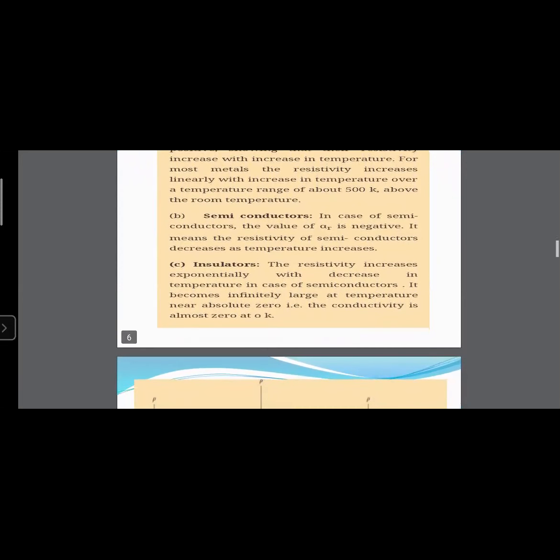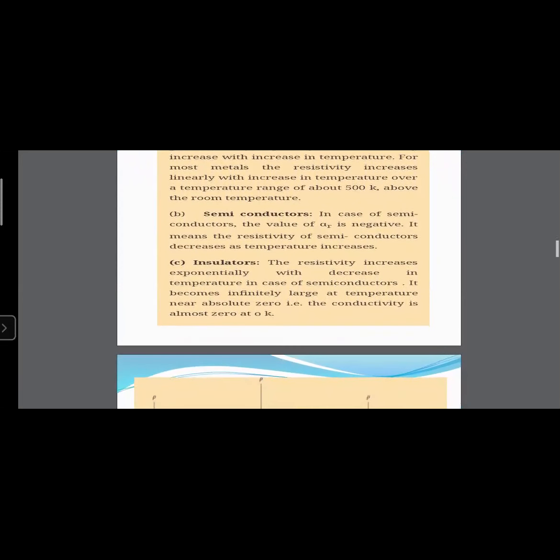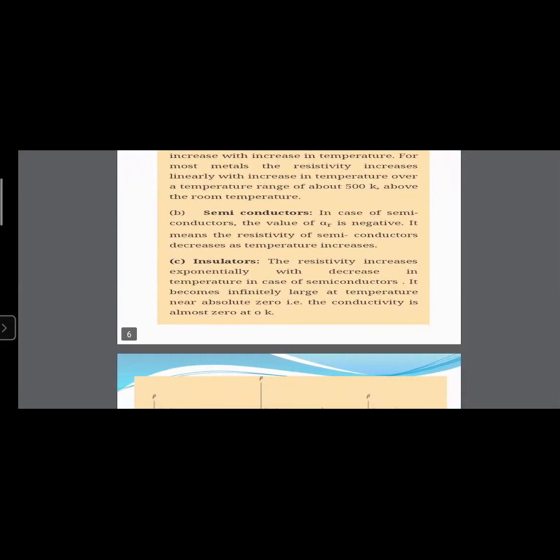Clear? So for semiconductors, materials such as germanium, silicon, etc., whose resistivity at room temperature is in between that of metal and non-metal. Clear?